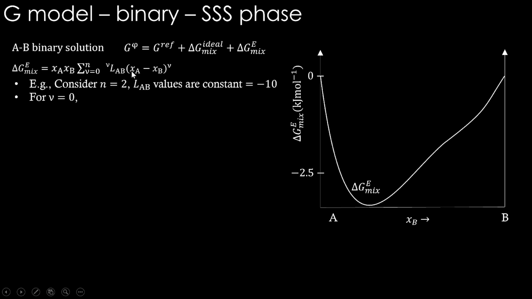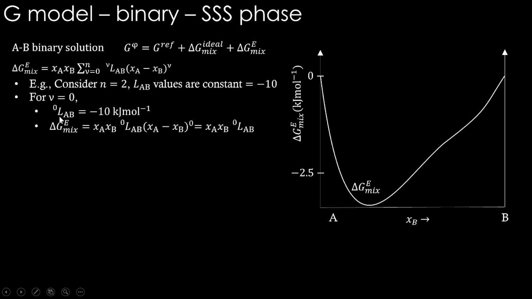Let's say we have to go nu equal to 0, nu equal to 1 and nu equal to 2 because n is 2, right? So let's start with nu equal to 0. What is that? LAB 0. In place of nu we are going to write 0. LAB 0 is equal to minus 10. We are going to take minus 10 for all the LAB values. We are going to keep minus 10 kilojoules here. Then what will happen to delta GE mix?